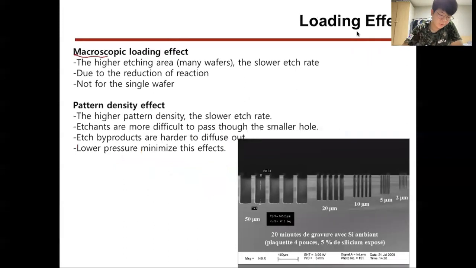And lastly, there is a loading effect. In wet etching, there is a macroscopic loading effect. The loading effect arises because it is hard to maintain etch profiles.